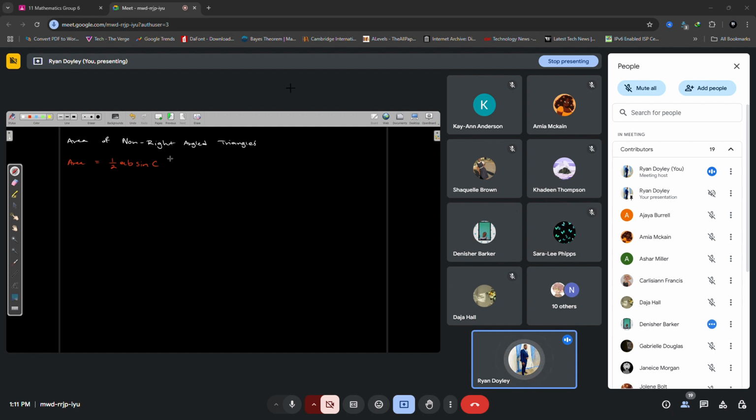So for this one, you need to know two lengths, or two sides, and the angle between.